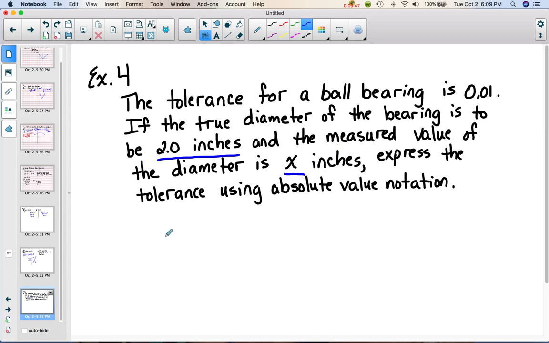So we could write that, it's the difference between, so I'm going to write that as x minus 2.0 is less than or equal to 0.01, but we don't know if it's x minus 2 or if it's 2 minus x, because we're allowed to go either way. It could be 2.01 or it could be 1.99, and that would be allowable.